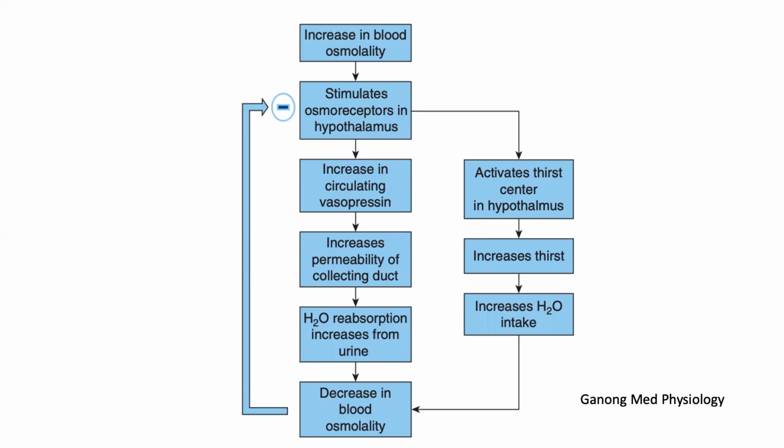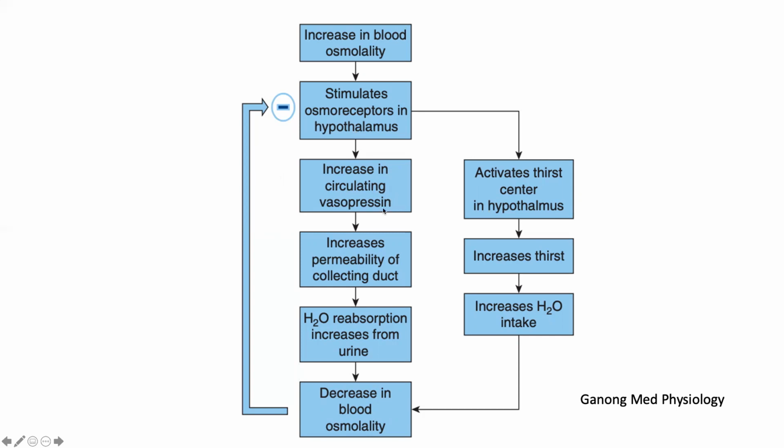One example of homeostasis: if there is an increase in blood osmolarity, an increase in solute, that will stimulate the osmoreceptors in the hypothalamus. The hypothalamus will secrete vasopressin into the bloodstream.